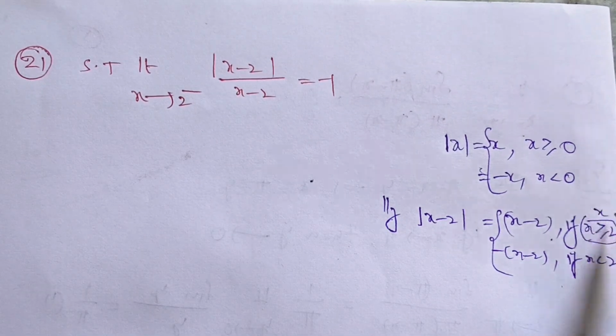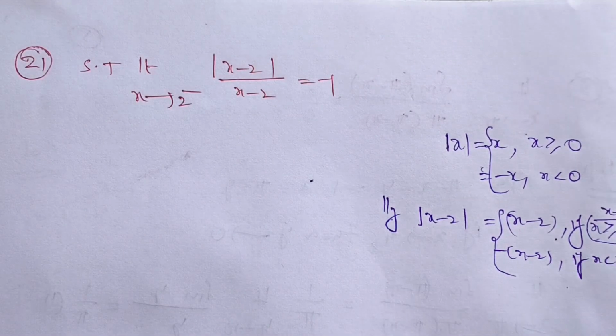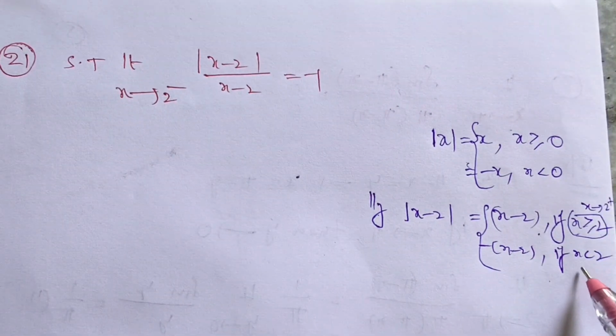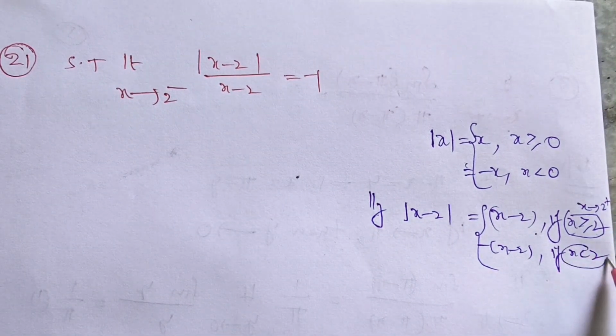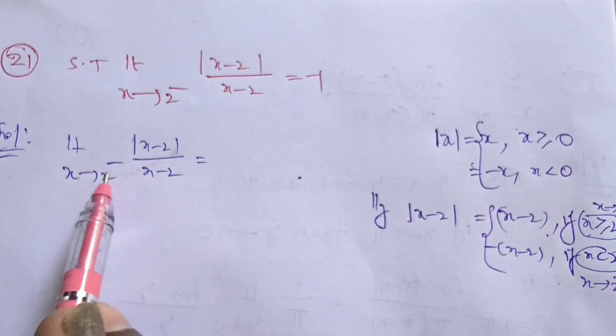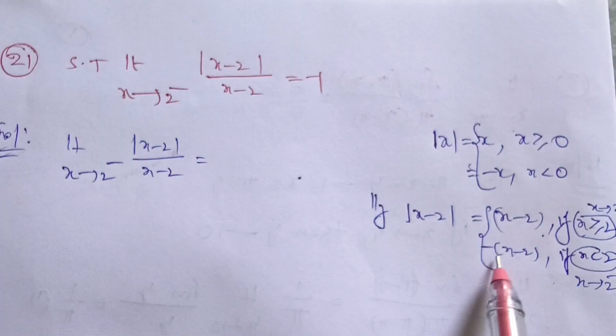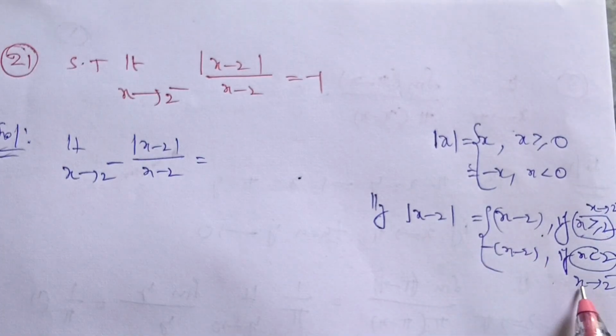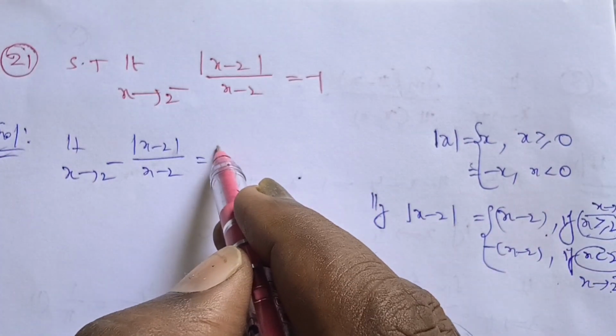Here x greater than or equal to 2 can also be written as x tends to 2 plus. x less than 2 means x tends to 2 minus. The given problem involves x tends to 2 minus.